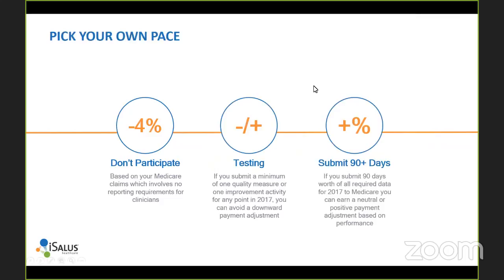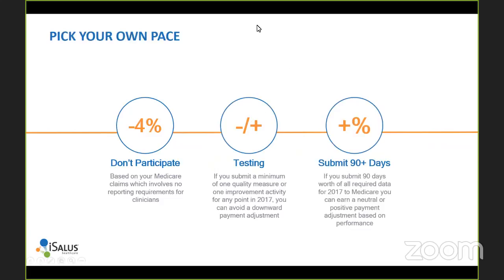So hopefully that gives you kind of an overview of what you need to do. As iSalus is your EHR company, we're hoping all of our clients will avoid this negative payment adjustment, and that you'll at least avoid any positive or negative payment adjustment by at least testing, okay?